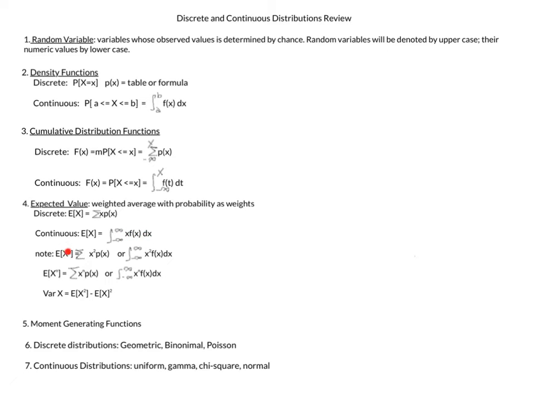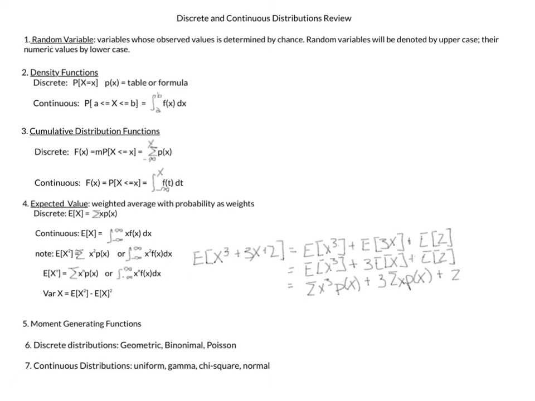Note, if you have a function of random variable x, such as x squared, or x squared plus 4, or x cubed, or x plus 4, the expected value of that function of x is just equal to that function of x times the probability of x. And there's the analogous situation for continuous. And then we have x to the n is just x to the n times p of x, or the analogous for the continuous functions.